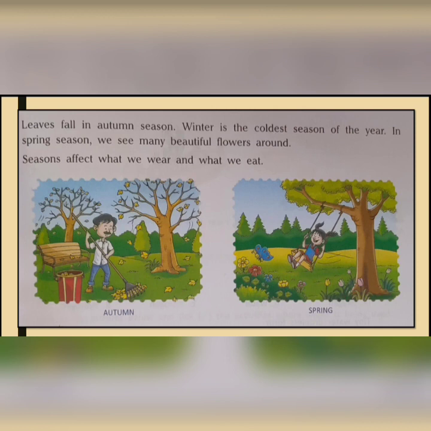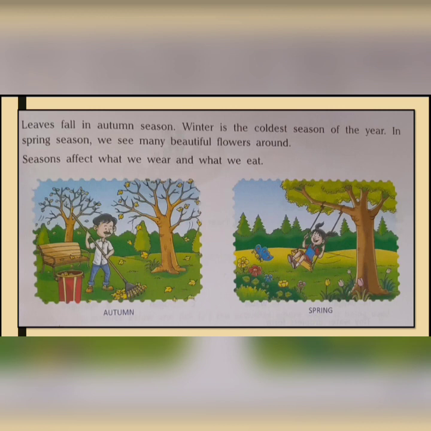Seasons affect what we wear and what we eat. In winter we wear clothes which keep us warm. In summer we prefer to wear light colored cotton clothes. Like that, seasons affect what we wear.